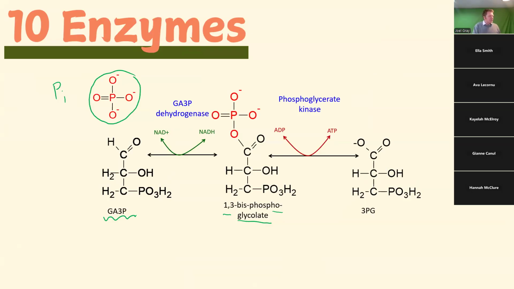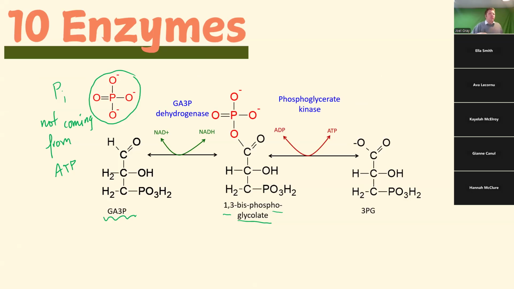So this is not coming from ATP. Give me a Y in the chat if you follow that. So it's not coming from ATP. It's just kind of free form, floating around. We are not transferring this phosphate from ATP. ATP is not donating this phosphate. Does everyone follow that? Y or N to the chat.